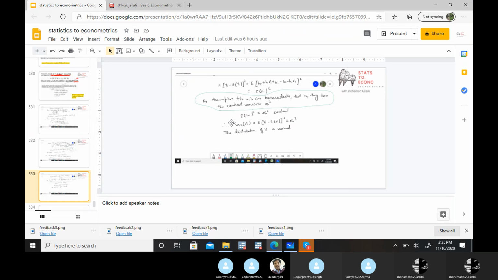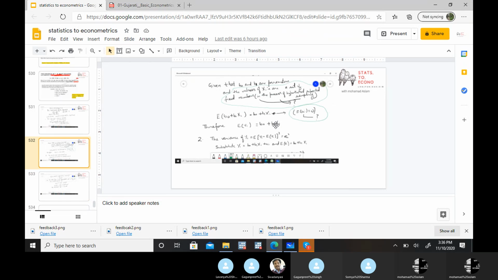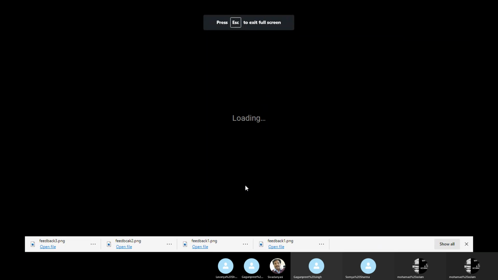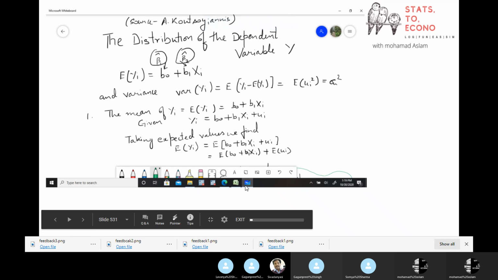If we go by this Chinese method, they are using the variance of yi as the expected value of yi minus expected yi, and what is yi minus expected yi? This is the residual, right? If we have this population equation, beta 0 plus beta 1 xi plus residual.